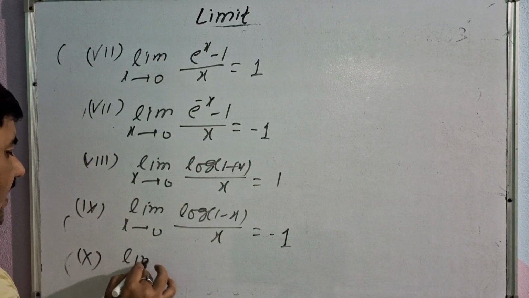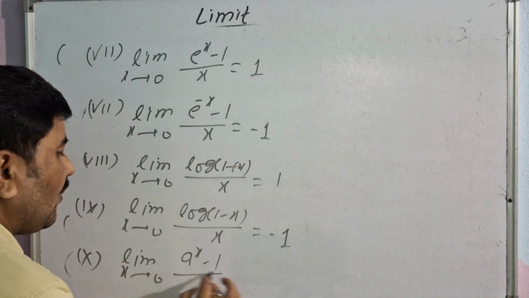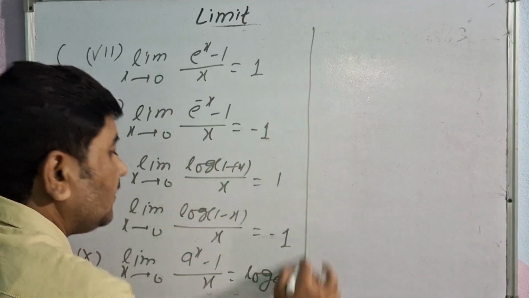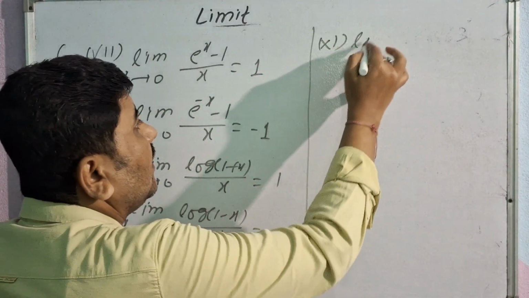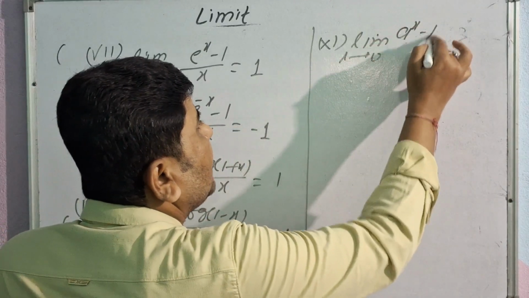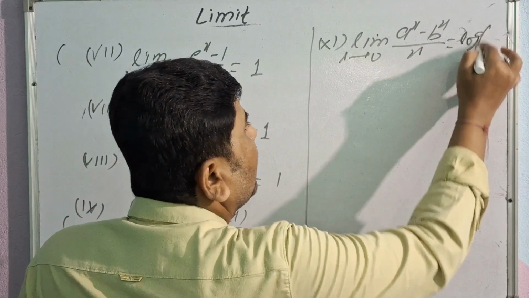Limit x tends to 0, (a to the power x minus 1) upon x equals log a. Similarly, 11th: limit x tends to 0, (a to the power x minus b to the power x) upon x equals log a by b.